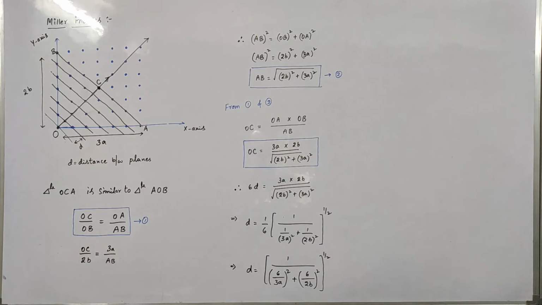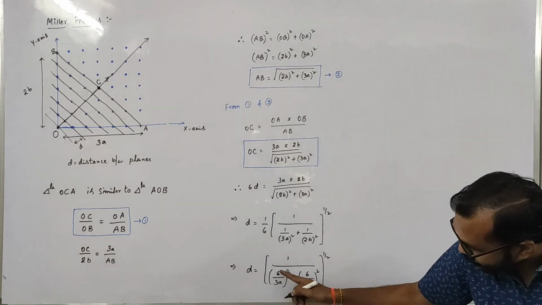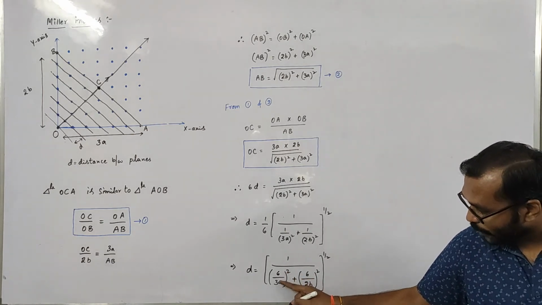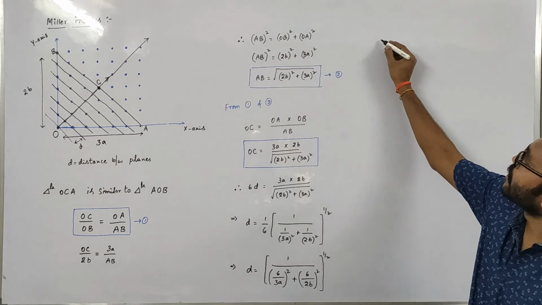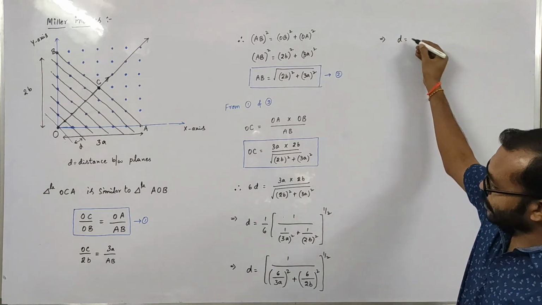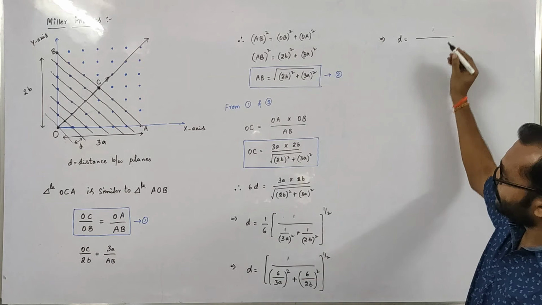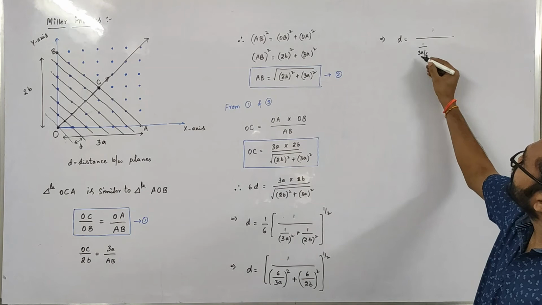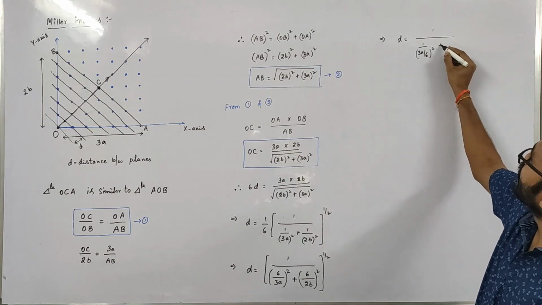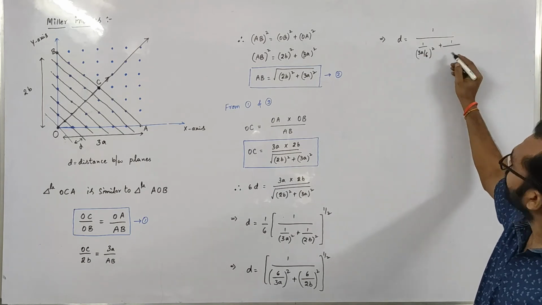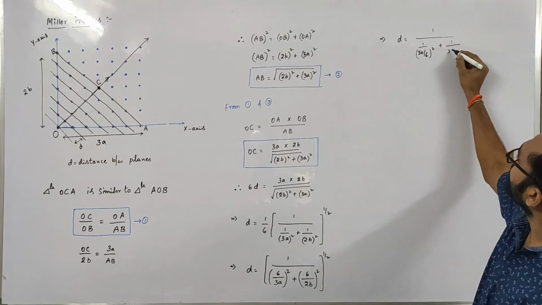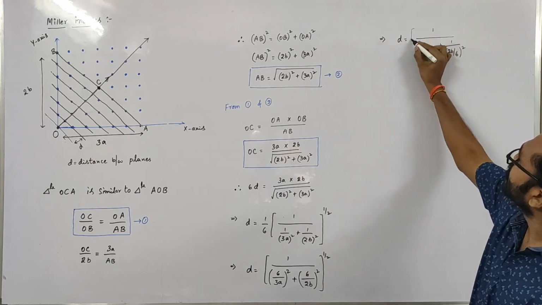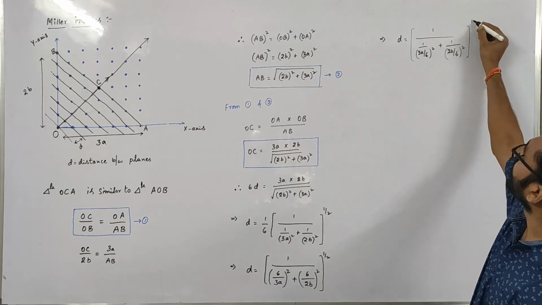Now, can I write this as 1 upon 3A by 6? Yes. So D is equal to 1 upon 1 by 3A by 6 whole square plus 1 upon 2B by 6 whole square, this total thing power 1 by 2.